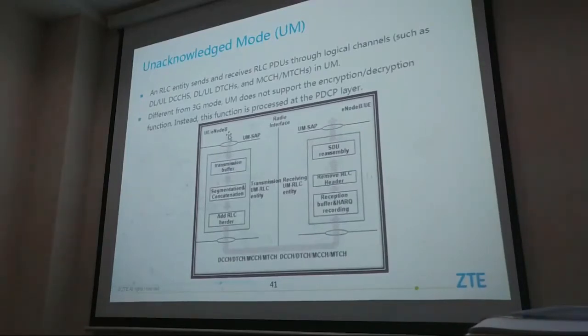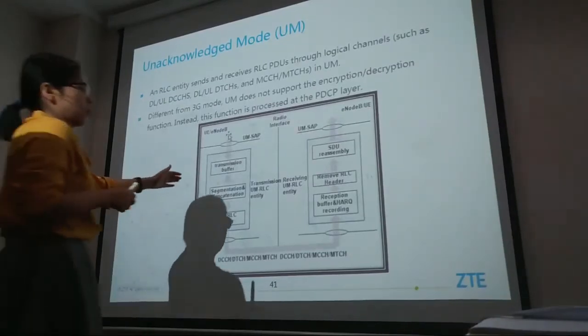Even though the protocol defines that for the DCCH and the DTCH you can use UM, actually we don't use it for DCCH. DCCH transmits signaling, and we should guarantee our signaling is transmitted correctly. So we don't use UM. The protocol defines it, but in reality, we don't use it.